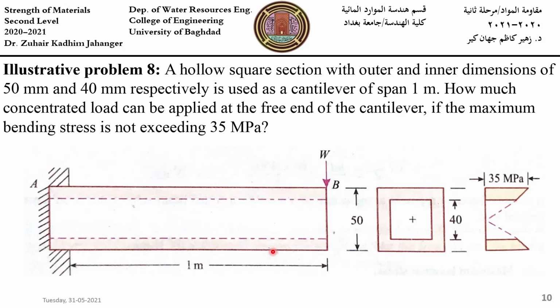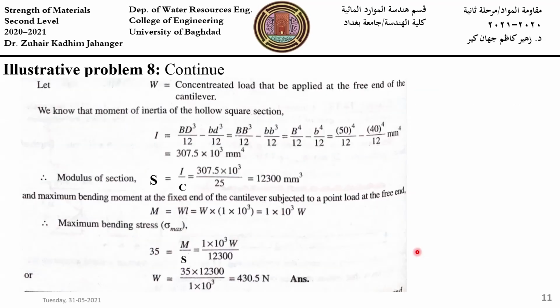This figure shows the cantilever with 1 meter span and the hollow rectangular section of the beam. Be careful and carefully follow the solution.